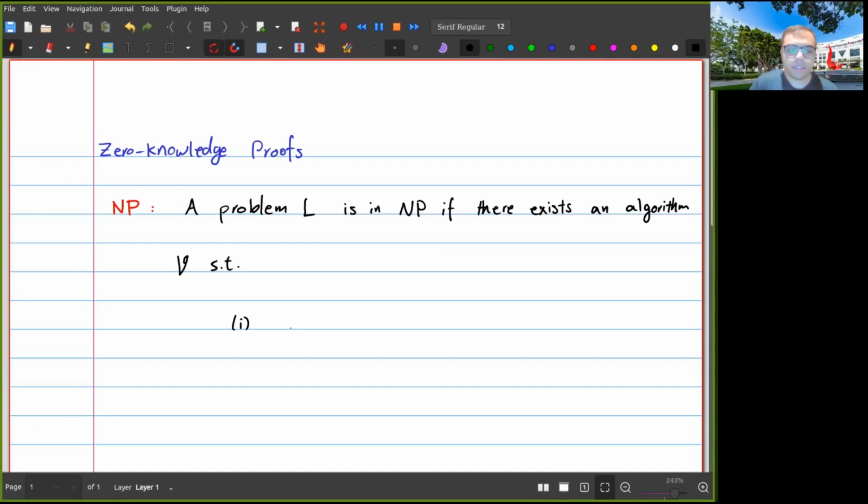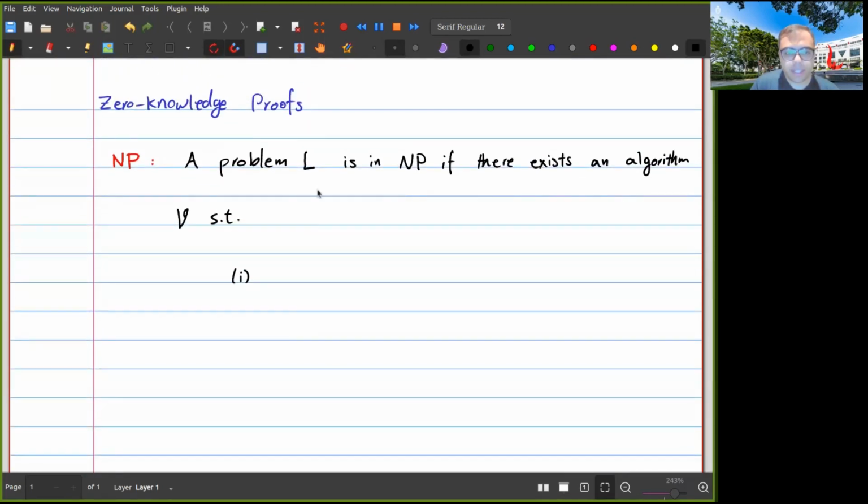The first condition was that if I give an instance of this problem that is a yes instance, there should be a proof that it's a yes instance. And it should be possible to check this proof in polynomial time. So this is the way I would write it.